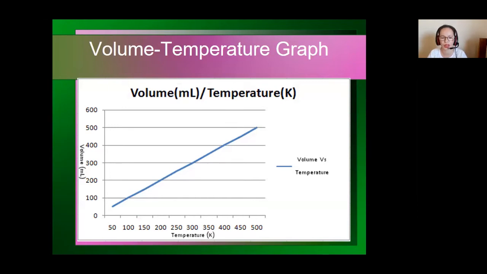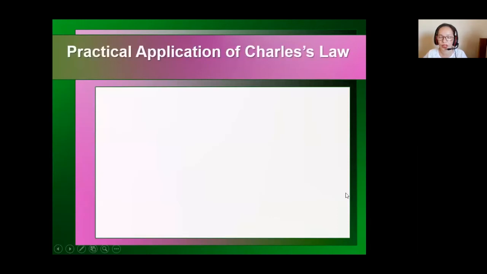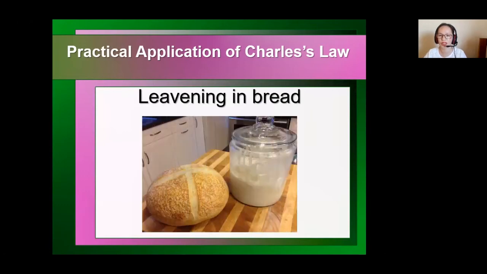Here you will notice the relationship of volume and temperature. In the y-axis is volume, in the x-axis is temperature. And you see that as the temperature goes high, the volume is also getting higher. If the syringe is the practical application of Boyle's law, this time let's have one for Charles' law. We can observe this in how bread expands when baked.